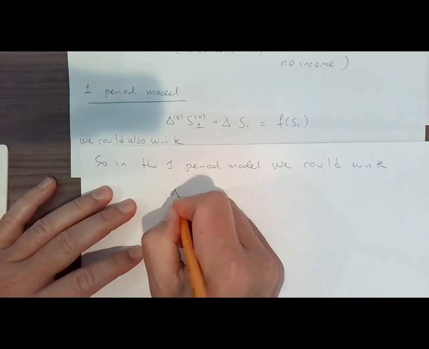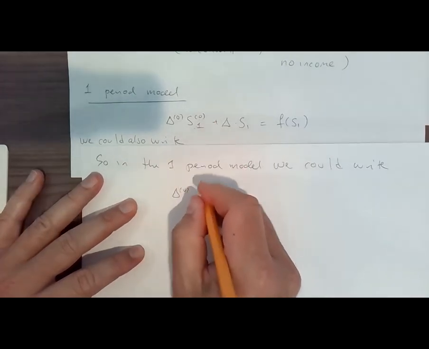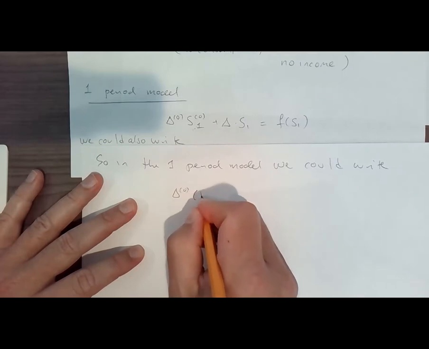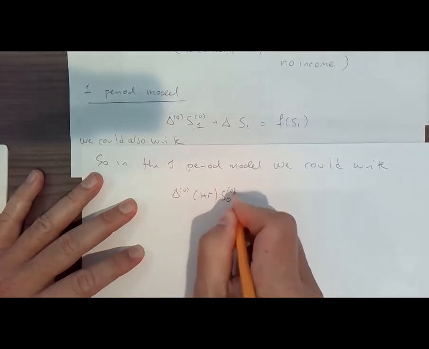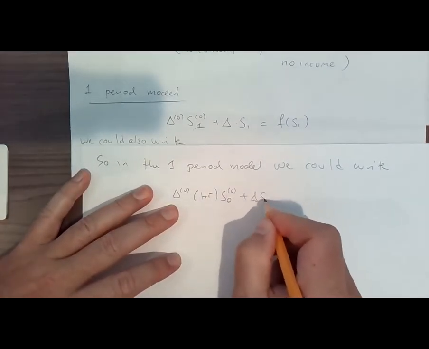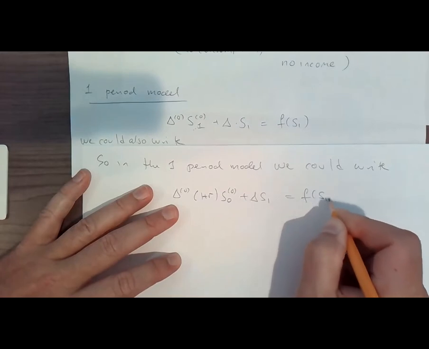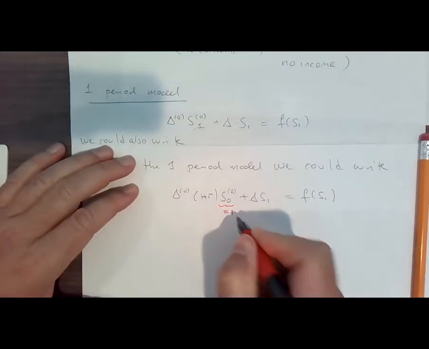I could write delta naught times, and then S1, I'll use the formula for it. So this will be 1 plus R times, if you want, this guy, but this is what we always put equal to 1, and then delta S1, that you want this to be f of S1. This quantity here is the one that's always set to be 1.